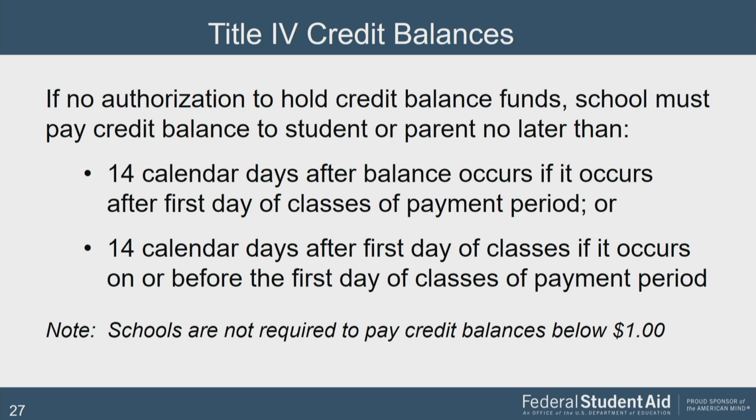No later than 14 calendar days after the balance occurs, if it occurs after the first day of the payment period, or 14 calendar days after the first day of classes, if it occurs on or before the first day of classes for the payment period. And you're not required to pay credit balances below $1.